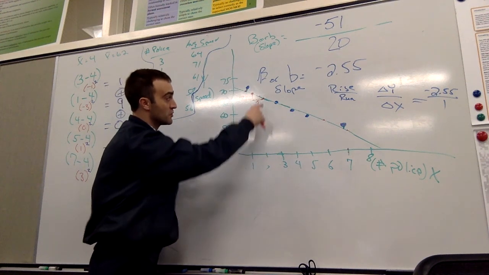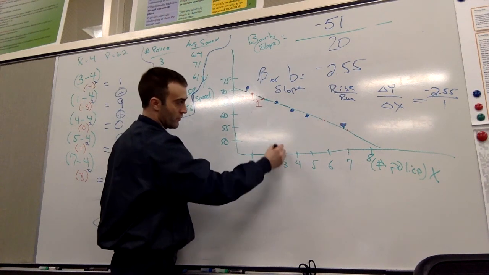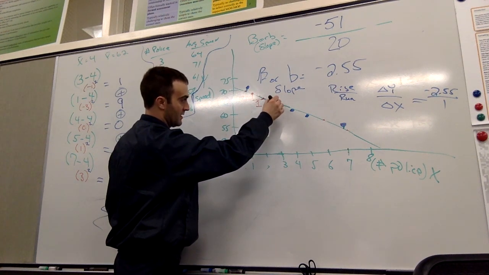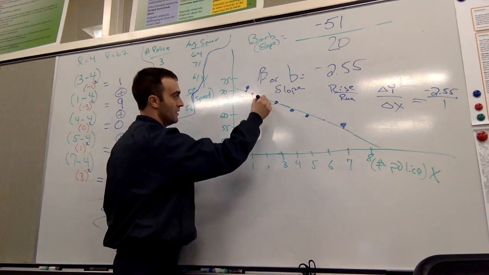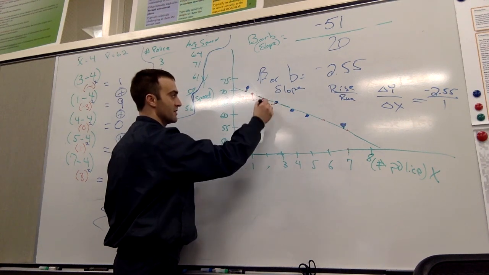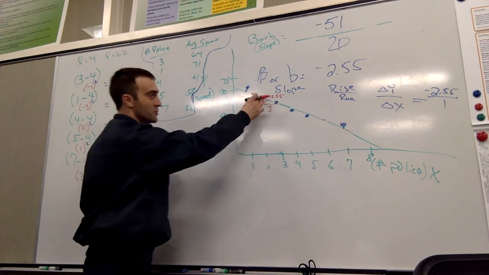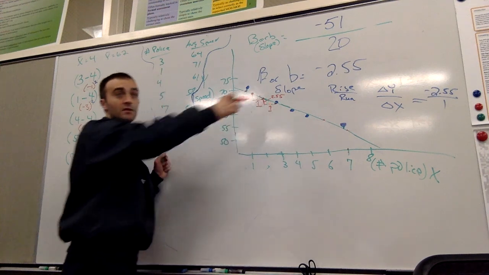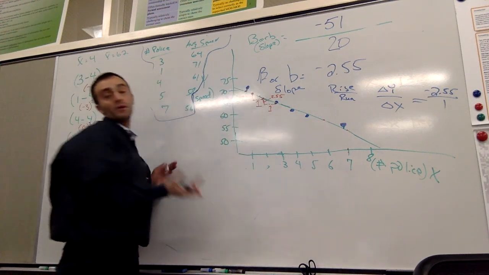If we go from 2 to 3, so 3 hits the green line here, and we go to 2, this is still a value of 1. This distance here is still 2.55, and if we go from 2 police cars to 3 police cars, we can expect speed to go down by 2.55.